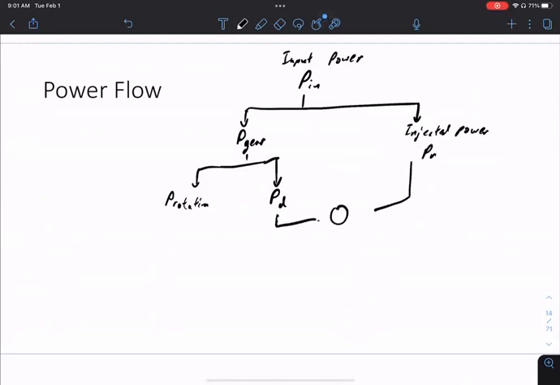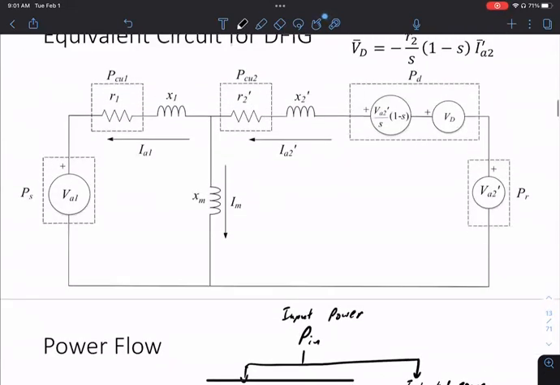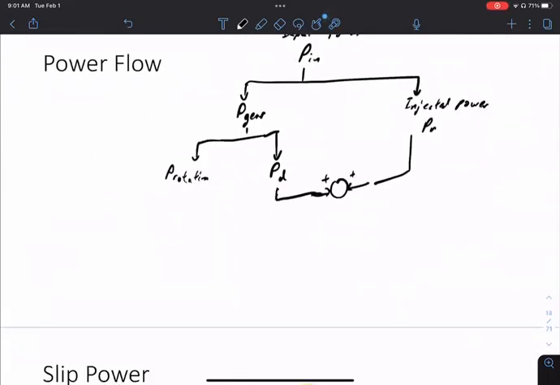These two now get added together. If you look at this diagram, that's adding this one with this one. Now I have a loss and then air gap power. That's the power flow. So this power goes to PCU2. That's the copper loss we have. This is 3 R2 prime I2 squared, right?